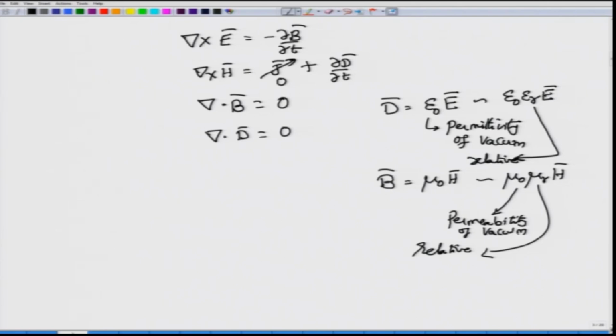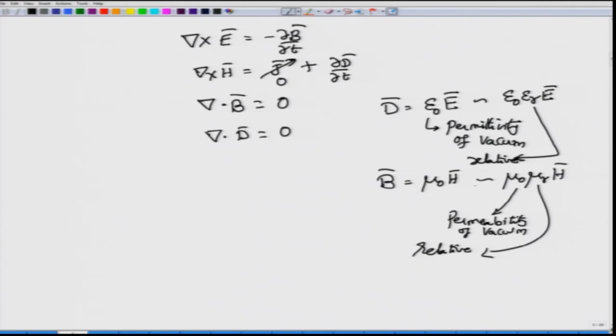Okay. So, from the tables you can find out the values of epsilon 0 and mu 0. This is a small exercise for you, so that you can go back and take a look at your electromagnetic textbooks.